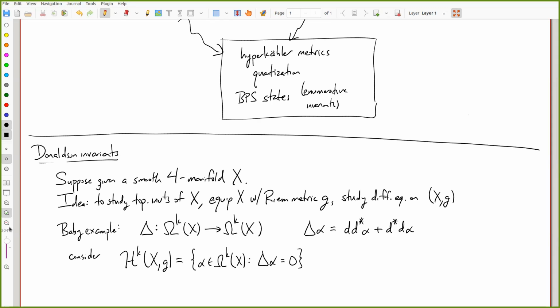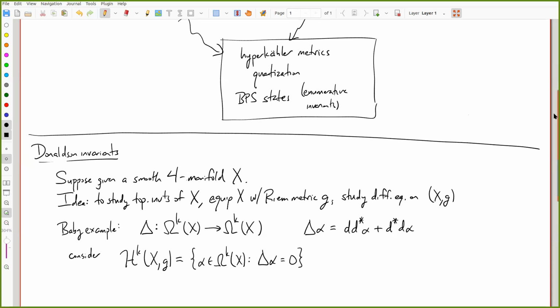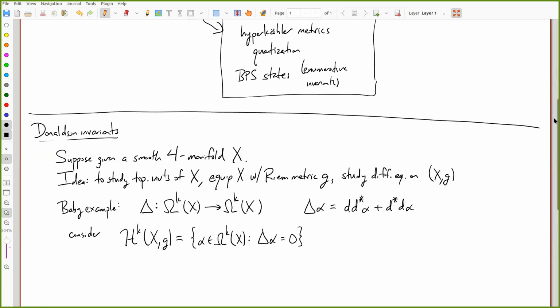So okay, that's a linear partial differential equation defined using the data of X and g, some linear PDE to be obeyed by alpha.